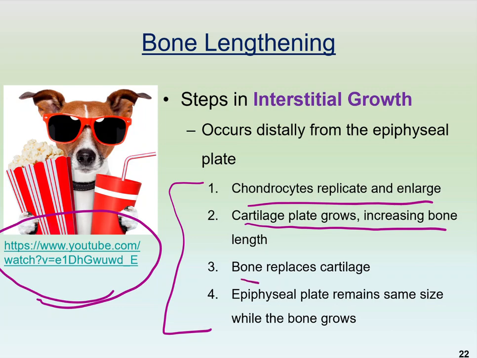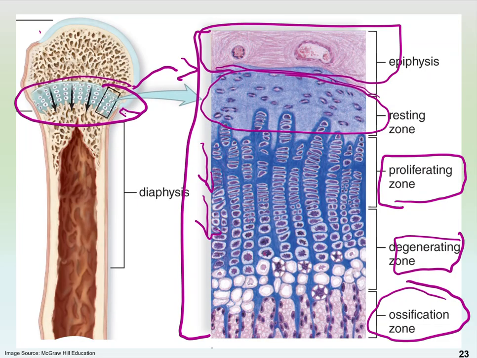The cartilage is replaced with bone as the cartilage dies, and then the epiphyseal plate will always remain the same size because those new cartilage cells become calcified, so they become bone, always leaving that part of the resting zone the same.